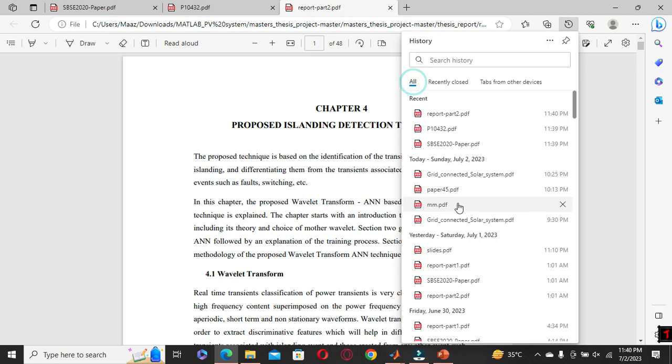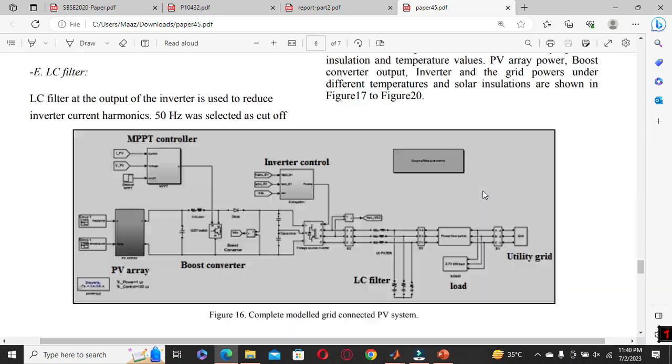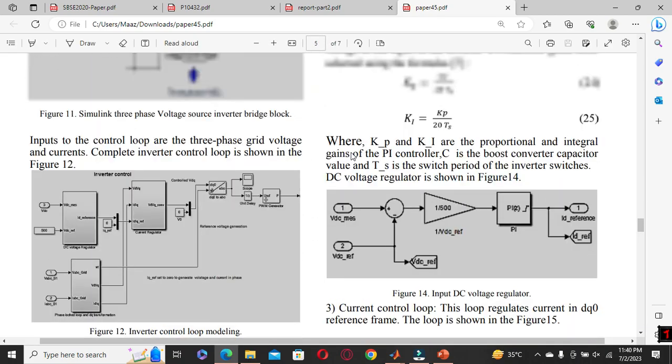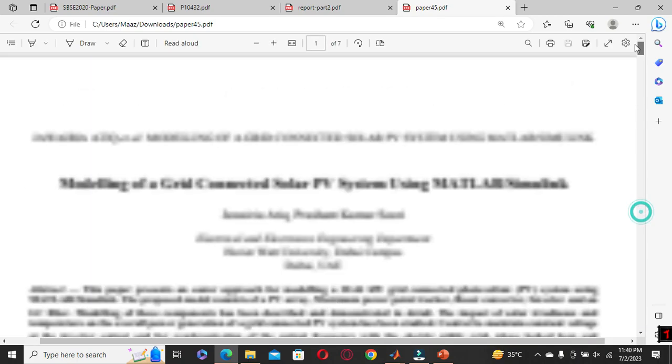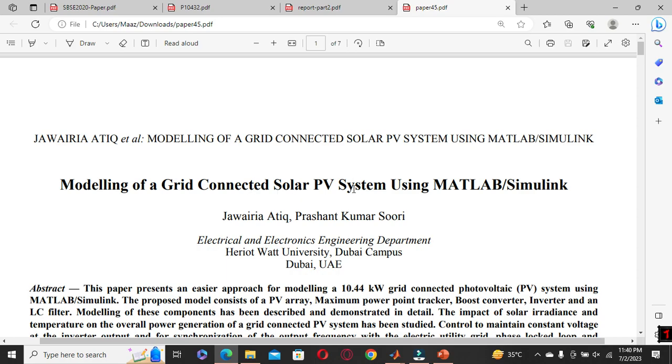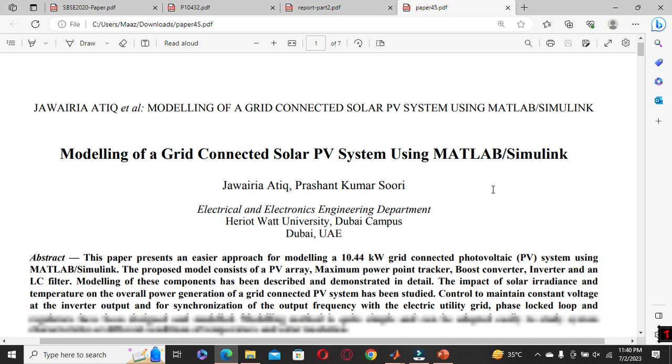Let me select the specified paper that I use. Yeah, this one. So this is the paper that I follow. This is the modeling of the grid connected solar PV using MATLAB simulation.